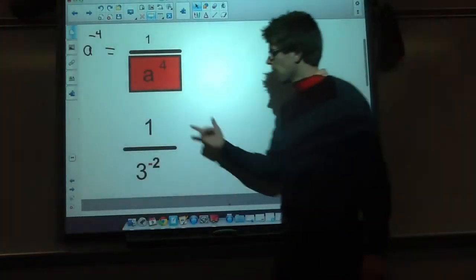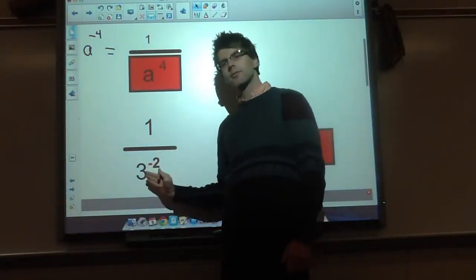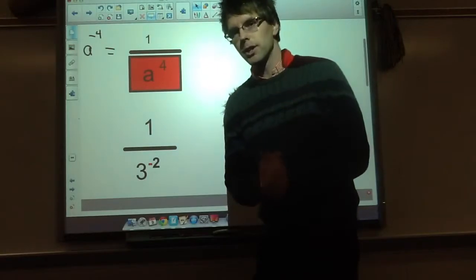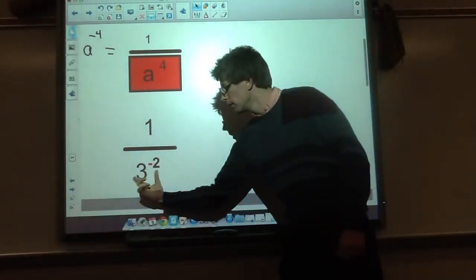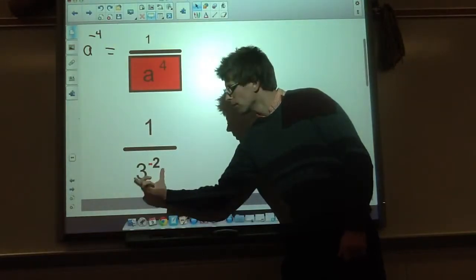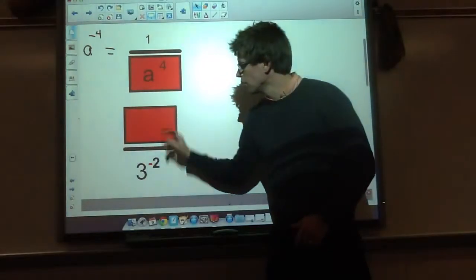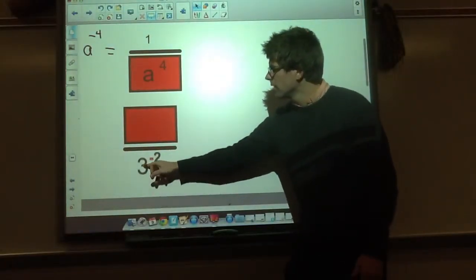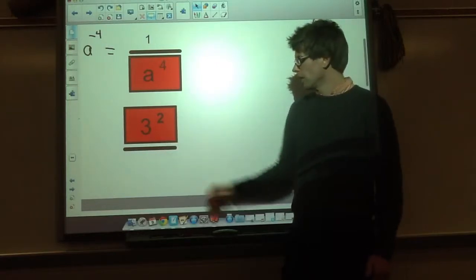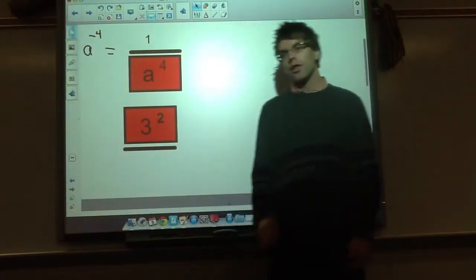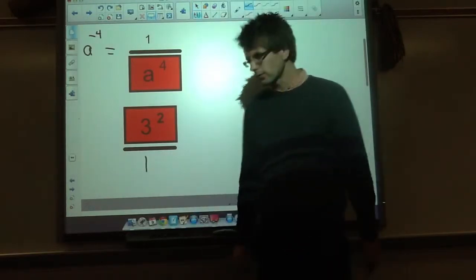In case you are still stunned, I am going to do one more example like this, where instead of it being in the top, we're going to put the negative exponent in the bottom. You can't leave a negative exponent in your expression. So we're going to move the whole power, okay, the base and that negative exponent, we're going to move it across the line to the top. So we're moving it from down here up here, and voila, your new answer is 3 to the power of positive 2 over 1.